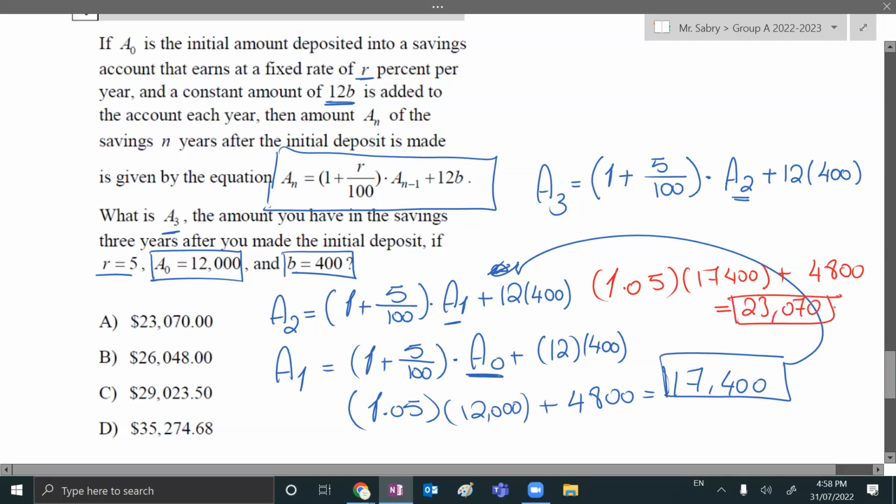Take this 23,070 and substitute it over here. So finally it's 1.05 multiplied by 23,070 plus 4,800. C is the correct answer, yes.